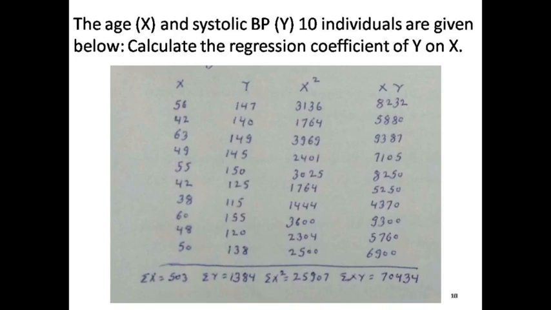Here y is the dependent variable and x is the independent variable. X, age, is independent and y, systolic blood pressure, is dependent. So for making the equation we will have to calculate the regression coefficient. So how do we calculate the regression coefficient in this question?